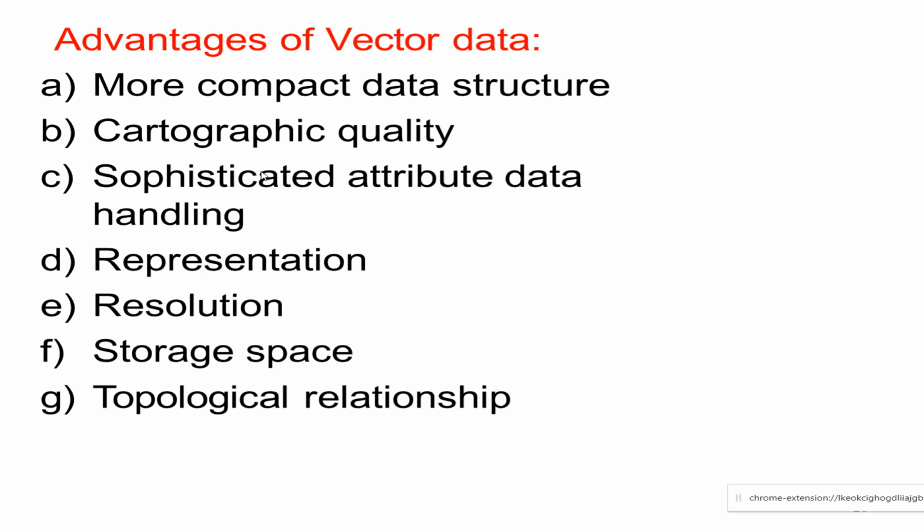Resolution is also a constraint, because, uh, resolution is good here actually. Yeah, representation, sorry about that, representation in vector is good in a detailed way because it is a defined structure. And resolution is also fine because we are allocating each feature nicely, not in a grid format. And storage space is also okay because, as I told you, as a compact data structure, it is having lesser volume of file.